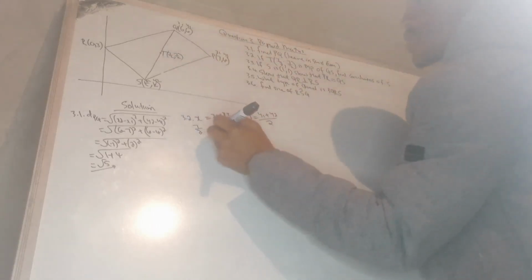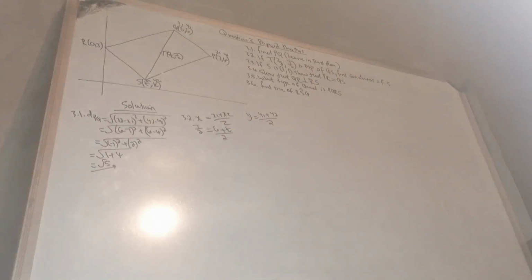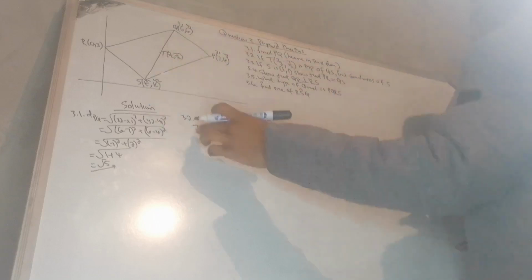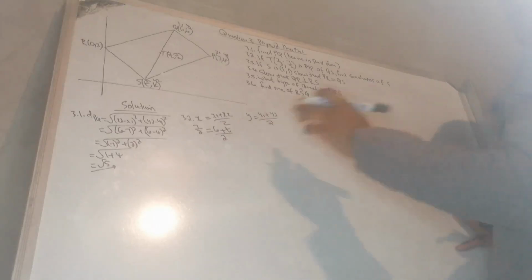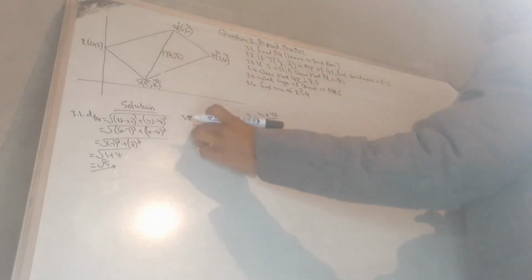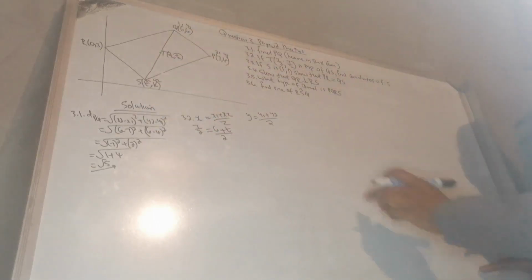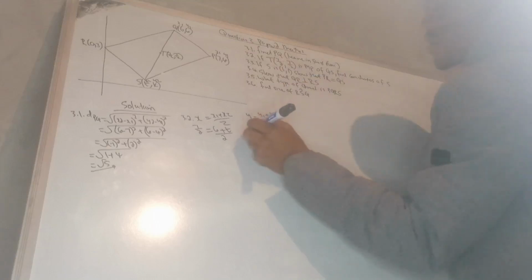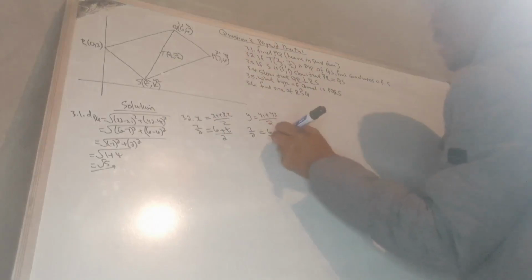Our midpoint x is 7, our x1 is 6, and our x2 is t, and we are dividing that by 2. For y, our midpoint is 5, our y1 is 6 and y2 is k, divided by 2.